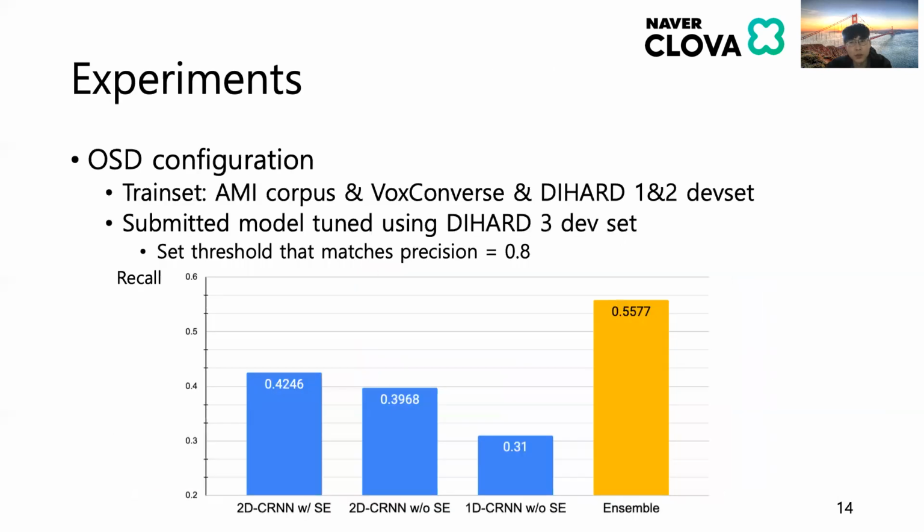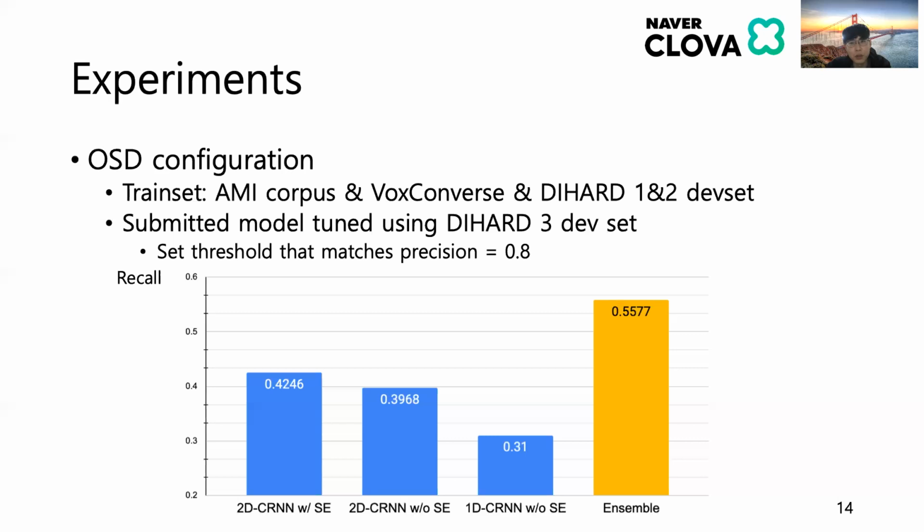Now let's move on to experiments. First, the overlapped speech detection system. We used the AMI corpus, VoxConverse, and DIHARD 1 and 2 development sets to train the model. The submitted models were tuned using the DIHARD 3 development set.